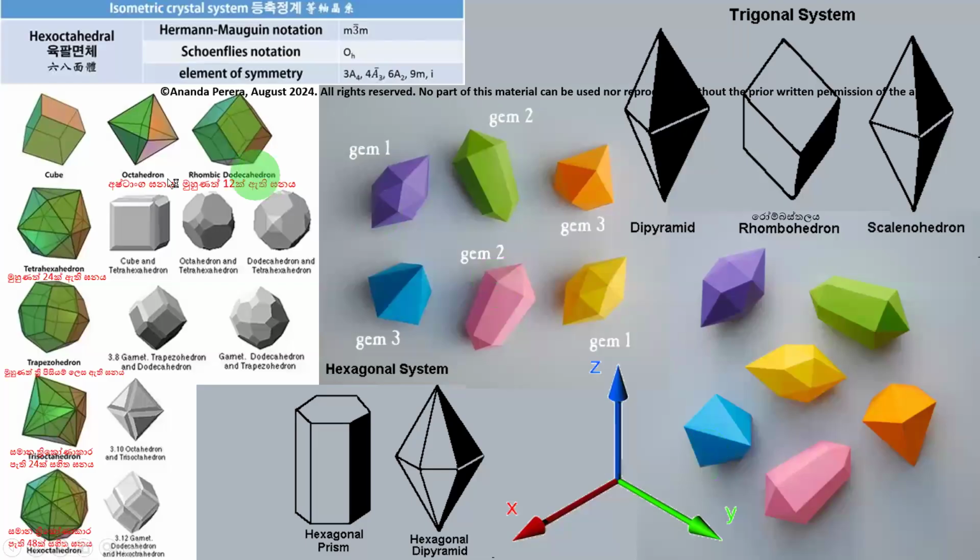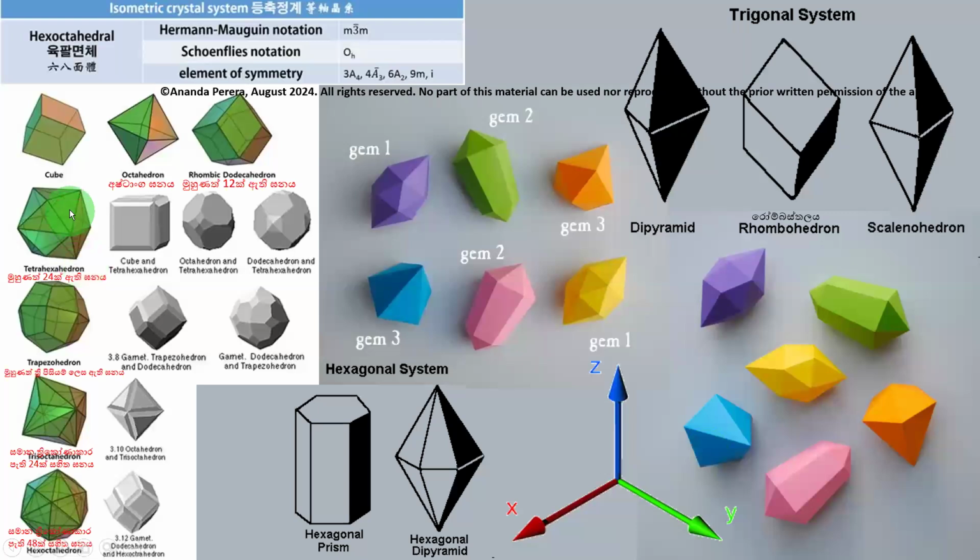Now look at here. Cube, 6 sides with rectangular. Octahedron, there are 8 sides. Rhombic dodecahedron, 12 sides are there. So the name is dodecahedron.